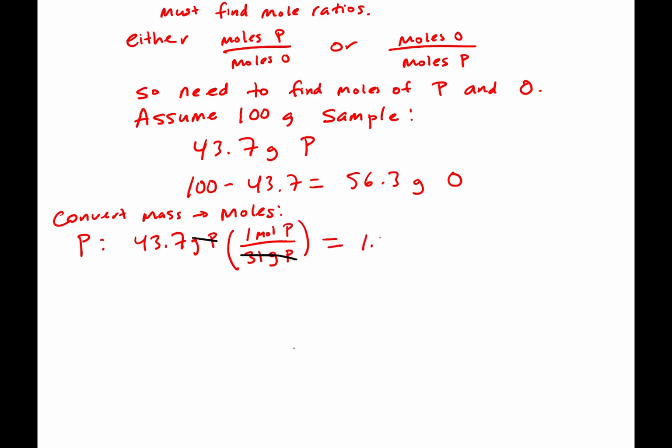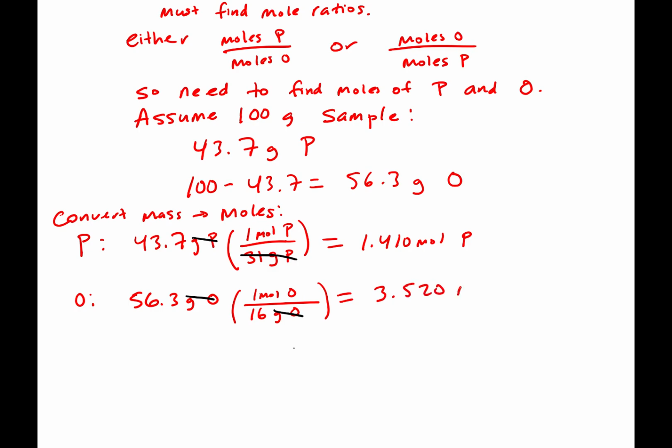This sample has 1.410 moles of phosphorus. For the oxygen, we have 56.3 grams of that. Periodic table tells us that 1 mole of oxygen weighs 16 grams. And when you calculate that out, you find that you have 3.520 moles of oxygen.